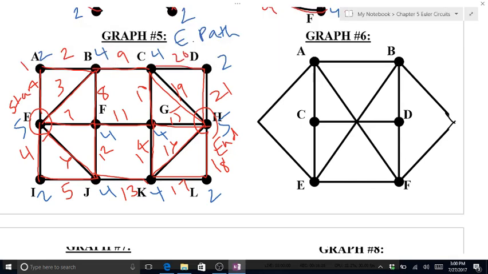Okay, let's take a look at graph 6. A has a degree of 4, B has a degree of 4. Please note here too, right here and right here, those are not vertices, okay? There are no dots there. Therefore, they're not vertices.